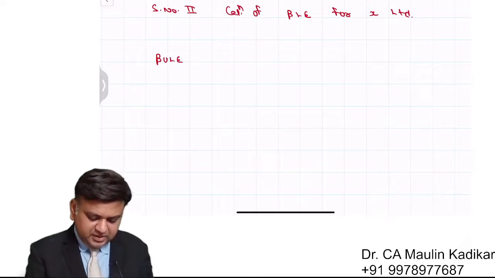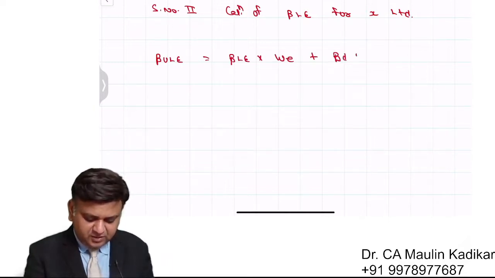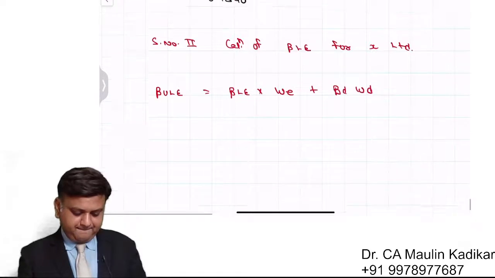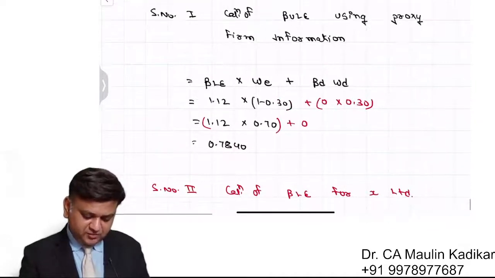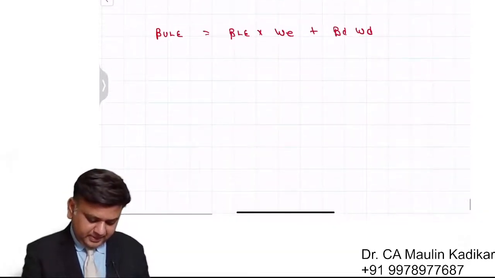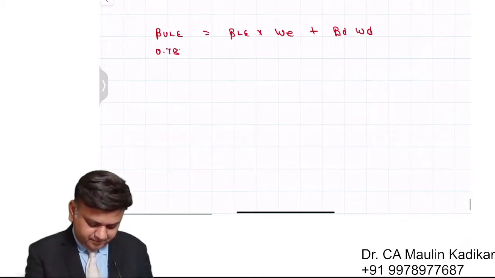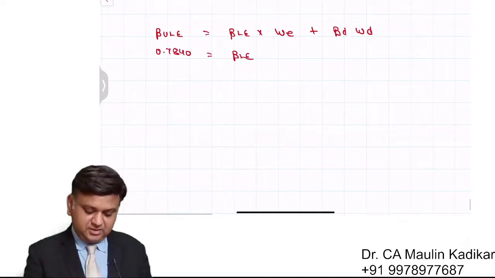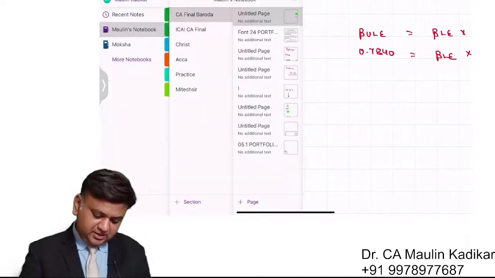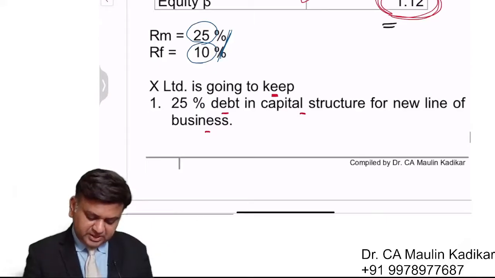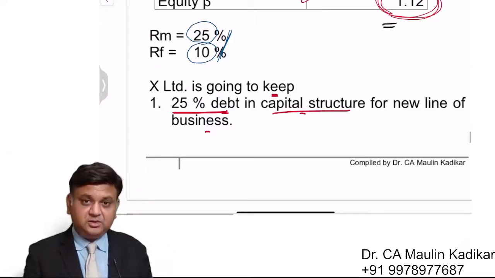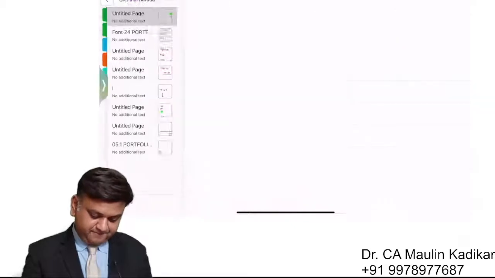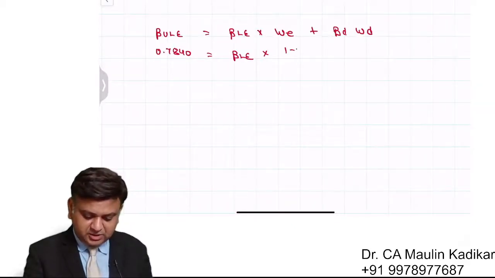So beta of unlevered equity is equal to beta of levered equity into weight of equity plus beta of debt into weight of debt. So this is 0.784. बीटा ऑफ लीवर्ड इक्विटी हमको पता नहीं क्या है, उसका वेट कितना है. क्वेश्चन में दे रखा है 25% डेट इन द कैपिटल स्ट्रक्चर, तो ये 75% हो जाएगा.